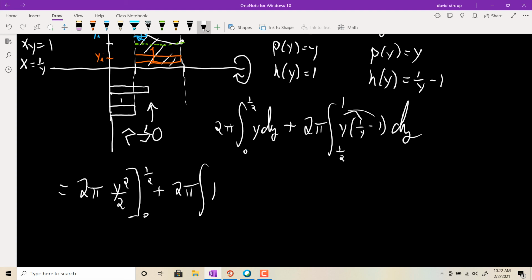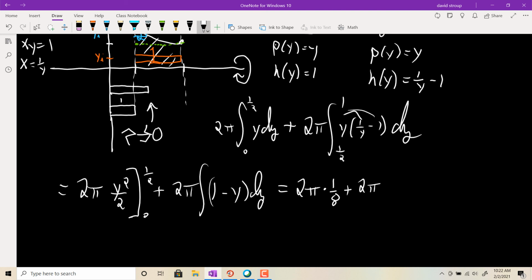So I have 1 minus y dy. We can get the beginning out of the way. 2 pi times, plugging in 1/2, you'll have 1/2 squared over 2. 1/2 squared is 1/4. Divided by 2 is the same as multiplying by 1/2. 1/4 times 1/2 is 1/8. And then minus 0. So this will be just 1/8.